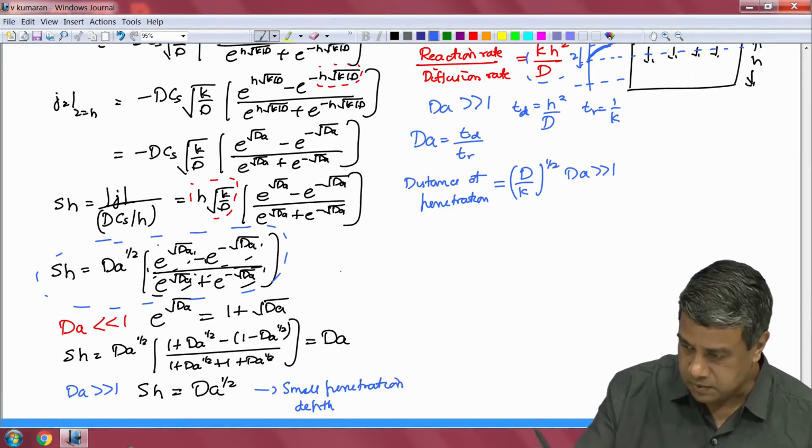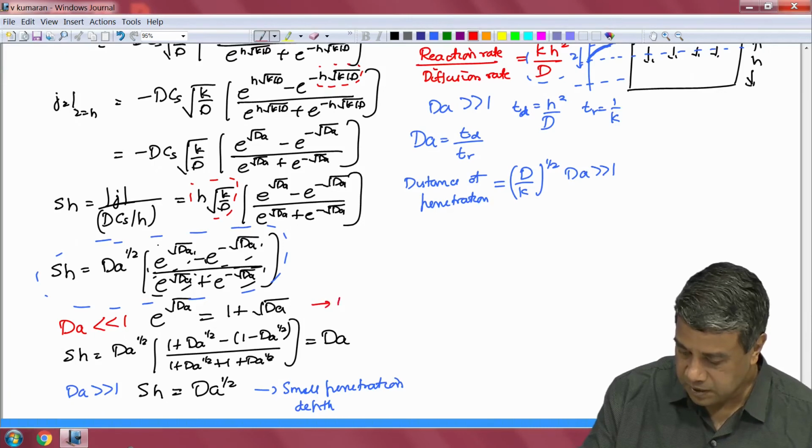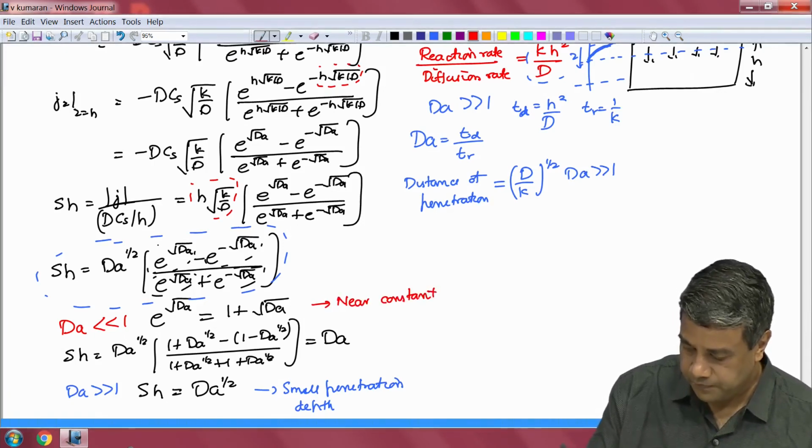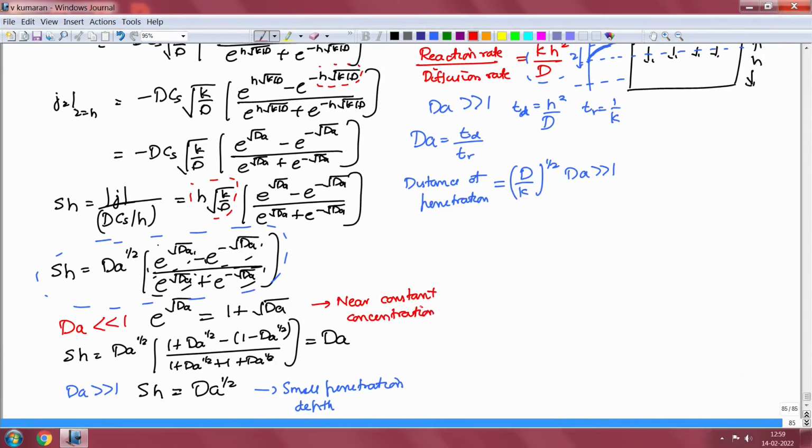This corresponds to near constant concentration, because the amount that is reacted is small compared to the thickness h over which the material diffuses.